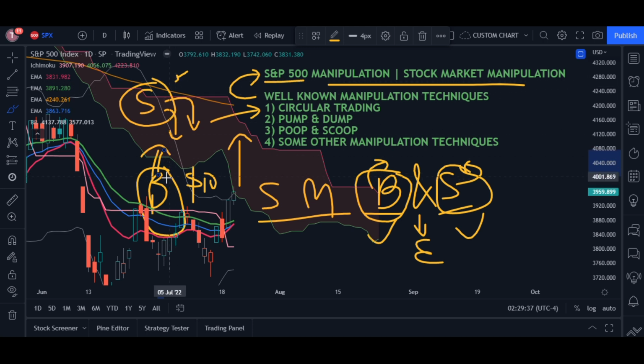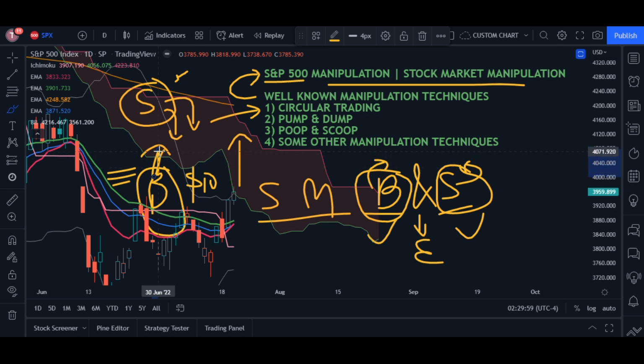Since the seller has raised the selling price, the buyer will also raise the buying price. And you, the retail traders, might be thinking, let's wait for the price to come down. Then you will see that immediately something has happened and the price is now moving up sharply.